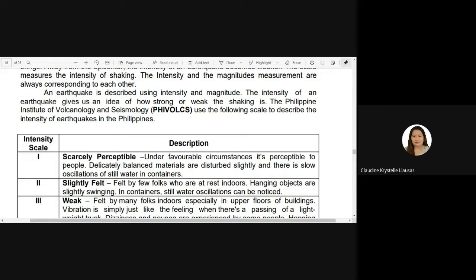So question, if ang linog kay naa sa Cagayan de Oro City, for example, the epicenter of the earthquake is at Cagayan de Oro City. Asa man ang mas higher intensity? Katong naa sa dool sa Cagayan de Oro or katong naa sa layo? Okay, who can answer?